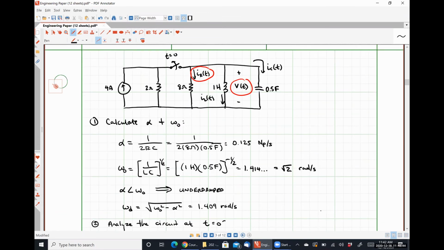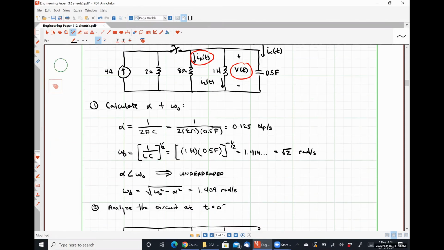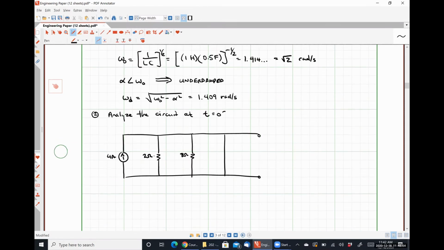What are the values of these bad boys? 8 ohms, no, 8 ohms goes here, 2 ohms. All right, so we need to find out these quantities.